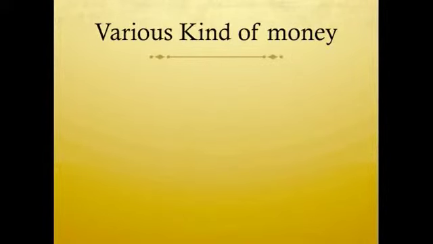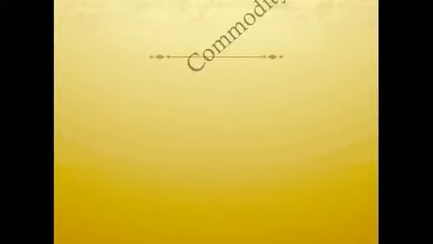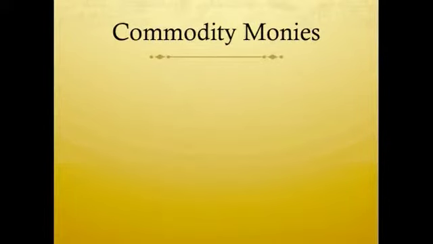Various kinds of money. Generally, there are two kinds of money: commodity monies and fiat or token money. Commodity monies are those items used as money that also have an intrinsic value in some other use, such as gold and silver.